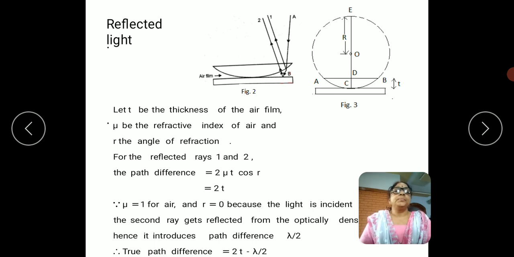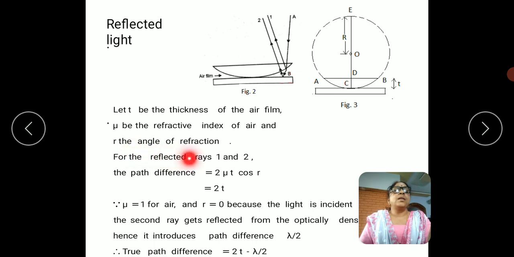Let us consider the thickness of the air film as t, and mu is the refractive index of the air film. As it is air, the refractive index of air is 1, and let us consider r as the angle of refraction.